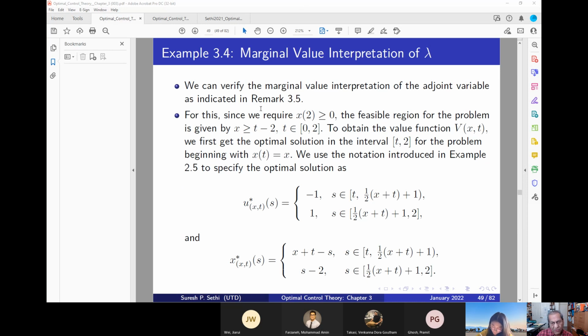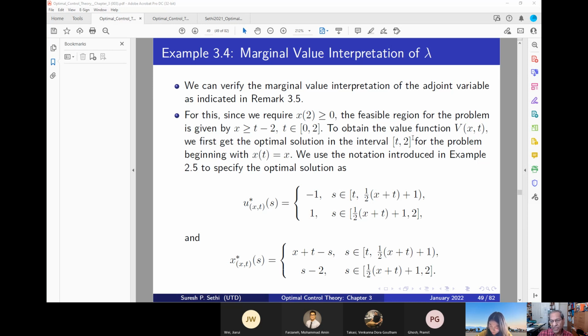Since we require this to be bigger than 0, remember the value function vxt can only be computed for those values of x at time t so that there's a feasible solution.